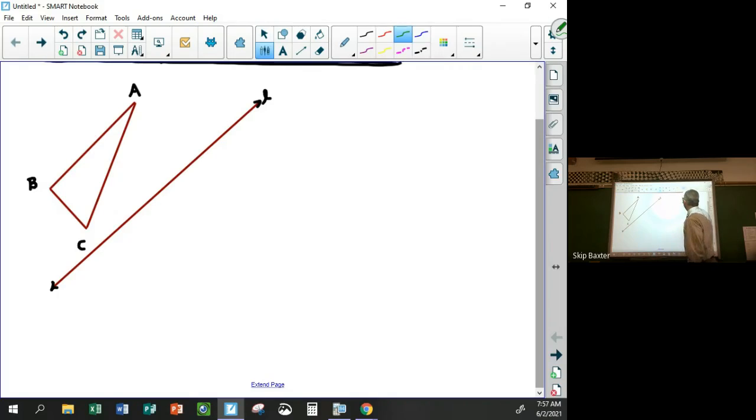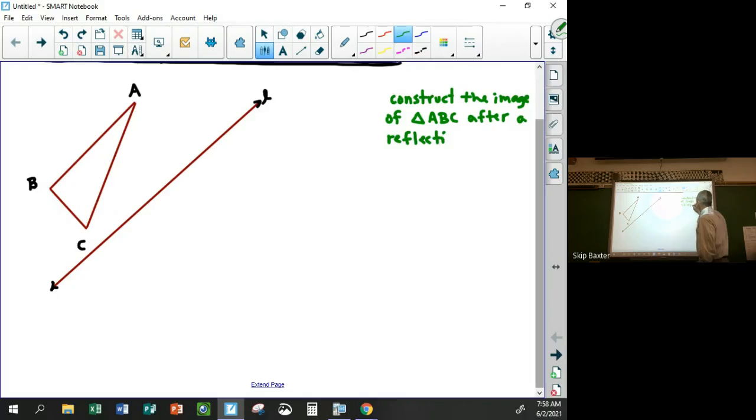So construct the image of triangle ABC after a reflection over line L. You can sort of envision what the image would look like.